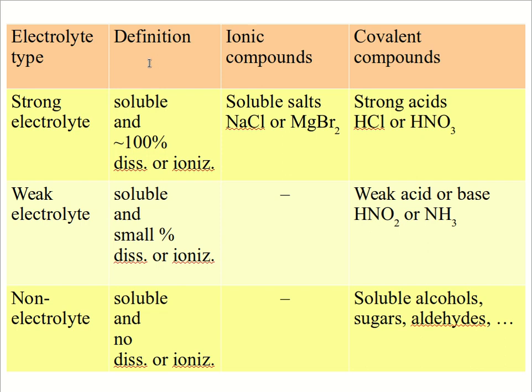The definition, we use definition number 2. So we have soluble compound and 100% dissociation or ionization. 100% of the compound forms ions, or near 100% forms ions. Weak electrolyte, a small percentage of the compound forms ions, but it's still a soluble compound. And the non-electrolyte is soluble and forms no ions, or practically no ions.